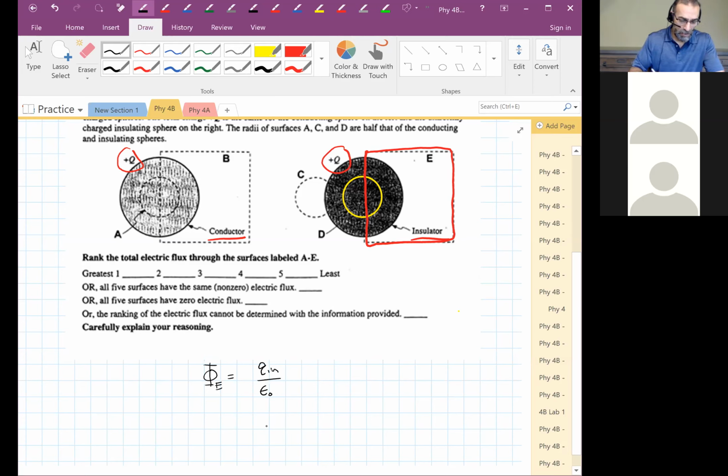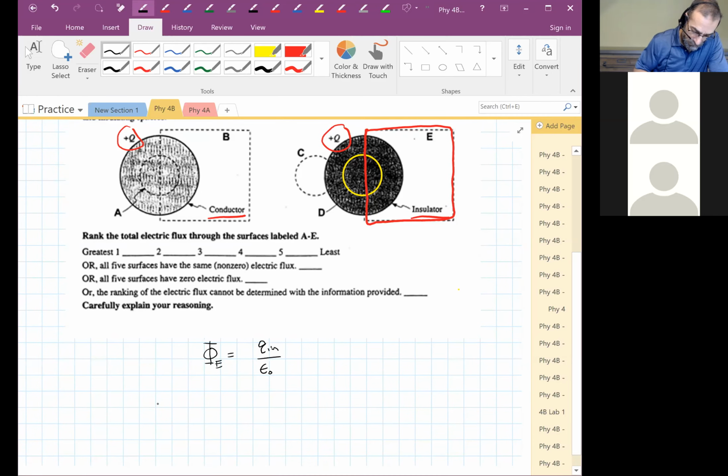So we know that A contains no net charge inside of it. All the excess charge is on the outermost surface of this conductive sphere. So A is going to be 0 because Q in is 0.